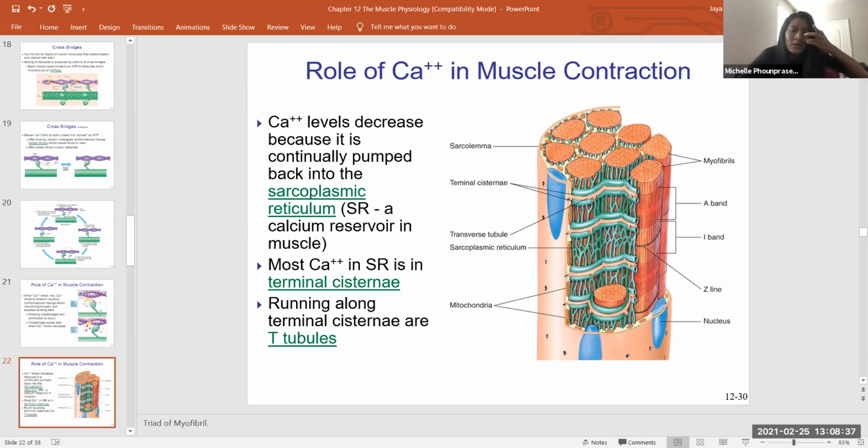So that includes the SR, the T tubules, and the terminal cisternae, all three of those? Yes. So two terminal cisternae, you see, and the T tubule. That's how they are three: this cisternae, and T tubule.